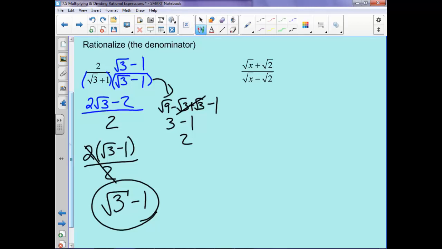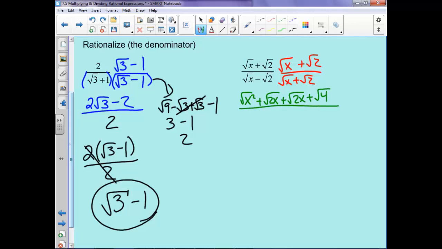Now over here, the conjugate is root x plus root 2. So now we'll have a lot of distribution going on. So in our numerator, we'll have root x squared plus root 2x plus root 2x plus root 4. And in our denominator, we'll have root x squared plus root 2x minus root 2x minus root 4.